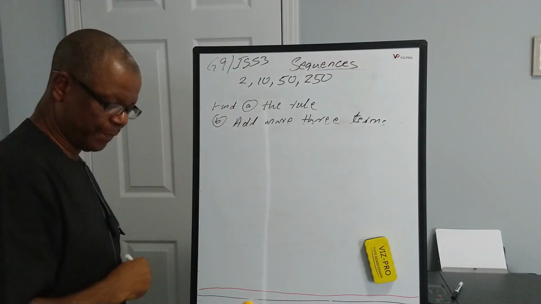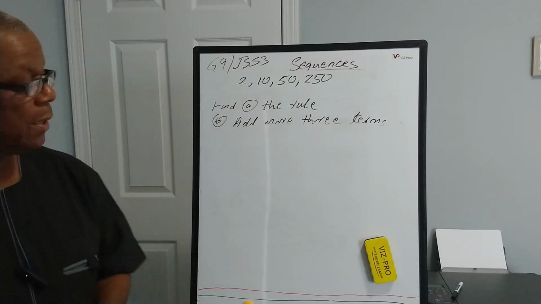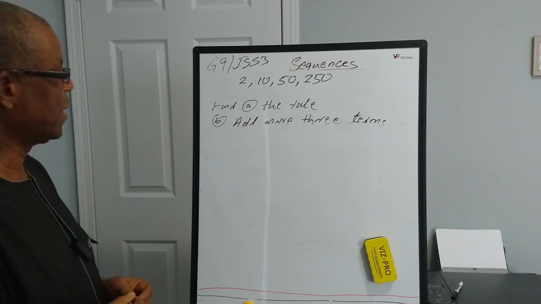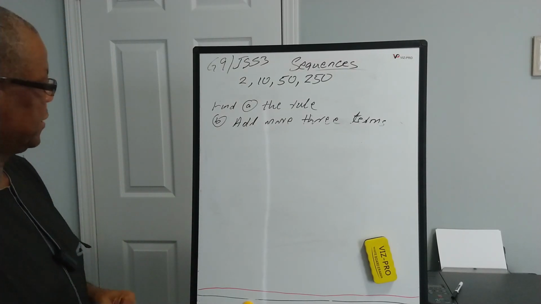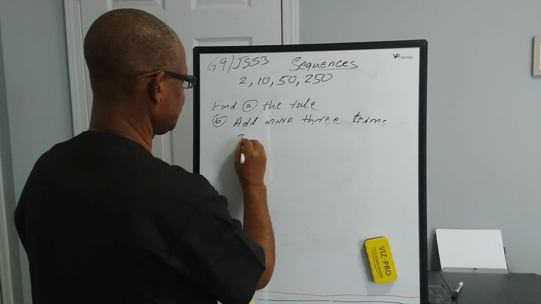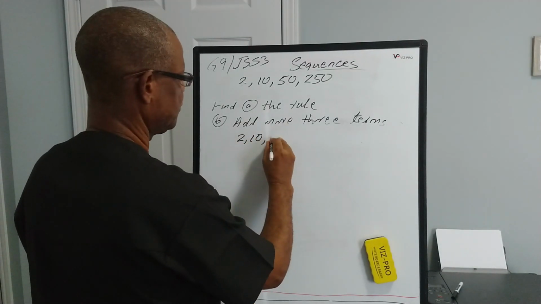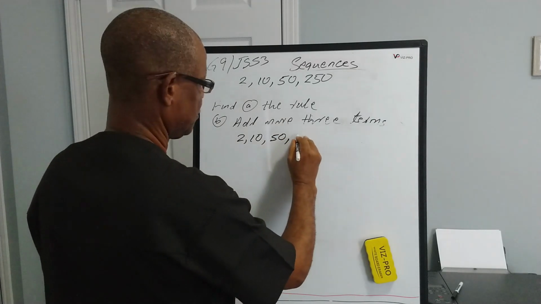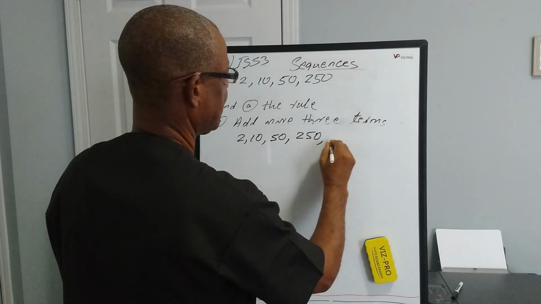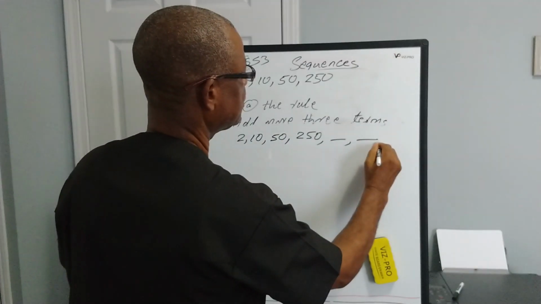We are expected to find a rule, and thereafter we add more 3 terms to it. We have 2, 10, 50, 250. 1, 2, 3 to be added.